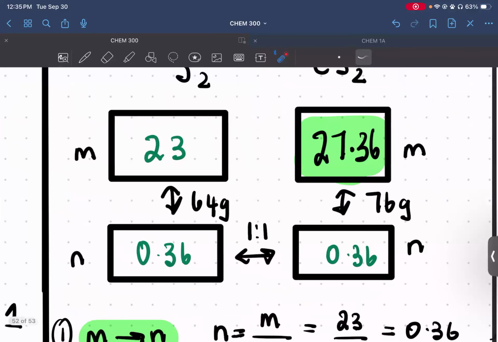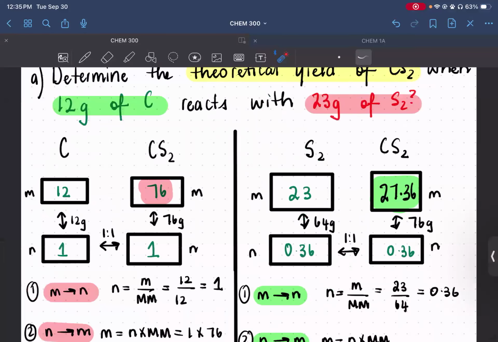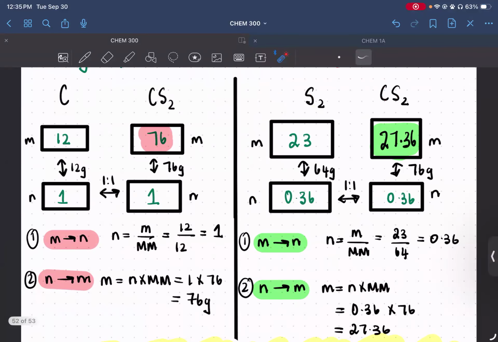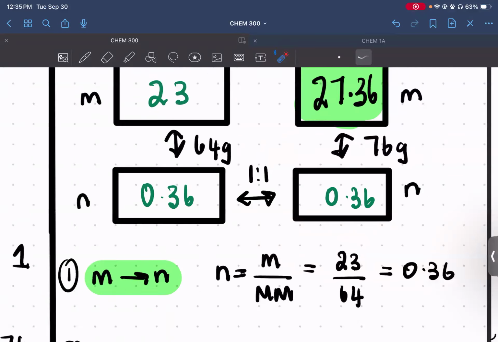The 0.36 comes from using the exact formula, but for sulfur instead. The ratio is 1 to 1. So if we have 2 moles of one, we have 2 moles of the other, 3 to 3, 4 to 4, 0.36 to 0.36. It's a 1 to 1 ratio. Okay?